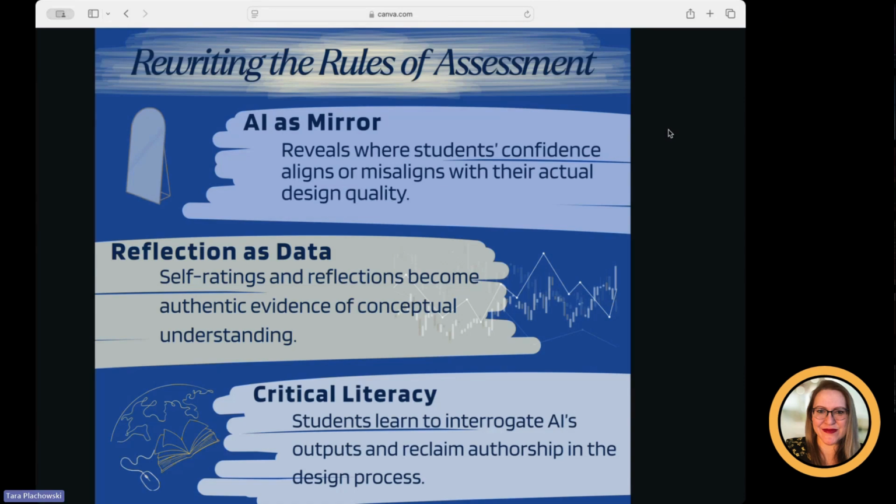And then finally, critical literacy. Students are not just using AI to produce one product and turn it in. They're understanding and jumping into an iterative experience with Gen AI tools that, if we think of that term, the human in the loop, that students have really a deep grasp of.